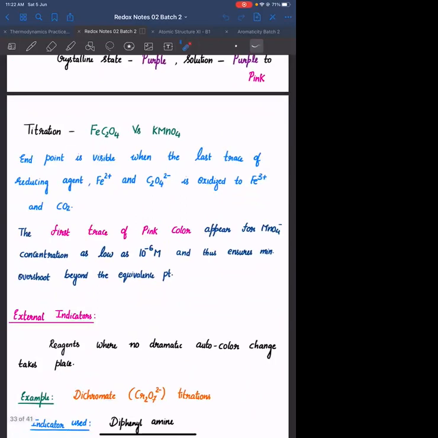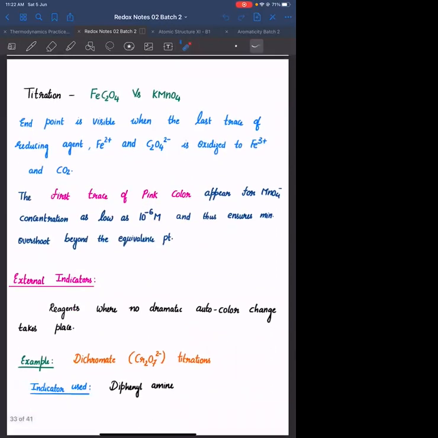If you are seeing the titration of FeC2O4 with KMnO4, the end point is visible when the last trace of reducing agent, which is Fe2+ and C2O4 2-, is consumed. Fe2+ converts into Fe3+ and C2O4 2- converts into CO2. Okay. So here you will see a trace of pink color appear.